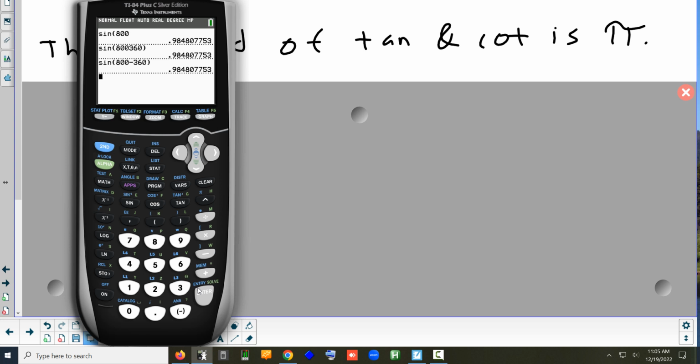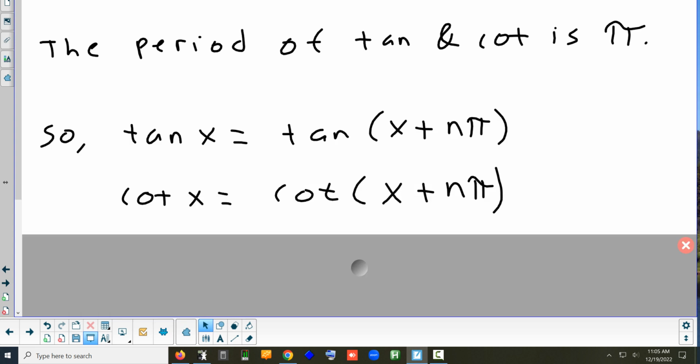What do you think we could do with tangent? Add 180. We could add or subtract 180. So the tangent of 190 would be the same as the tangent of what? 10. Because they cycle every 180 degrees. You can add or subtract multiples of 180, or if you're doing it in radians, you would be adding and subtracting multiples of pi.